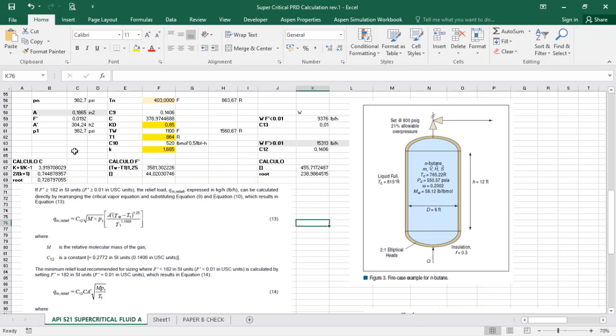If we are talking about a bare vessel without insulation and with the F factor as 1, the rigorous calculations, at least in this case, and the API calculations in terms of orifice size are almost the same, and will lead in this case to the same orifice letter. On the other hand, the calculation of the mass flow required has a lot of differences. It is 3 times what we have verified in the example.